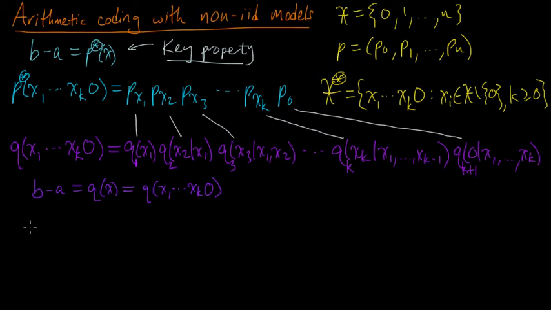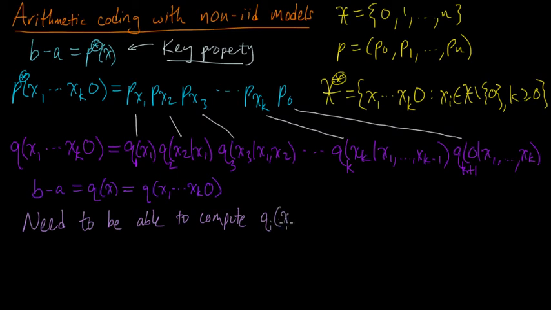So let me write down what we need in order to make this actually work. There is the main thing that we need out of this q. You can't just choose any q. That's why I kept saying essentially any q, because we need to actually be able to compute those conditional probabilities, in order to subdivide the intervals.